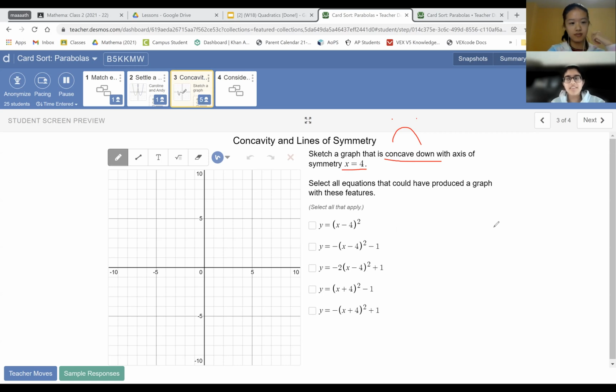Concave is like inwards, convex is outwards, but that's only in the context of shapes, because then you have angles. In terms of describing graphs, we just use concave up and concave down.